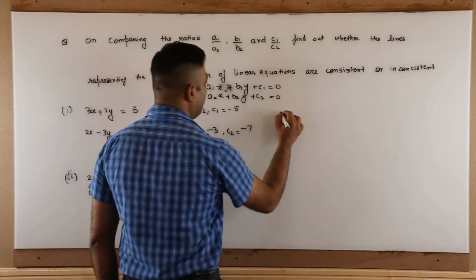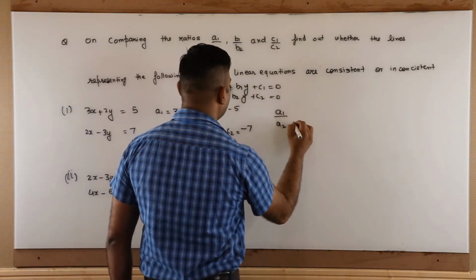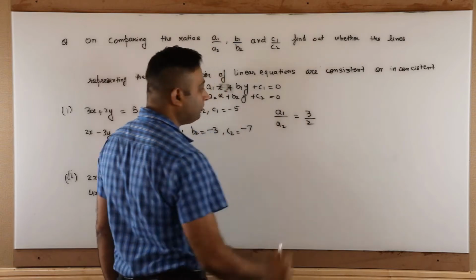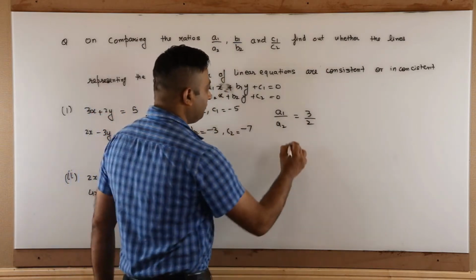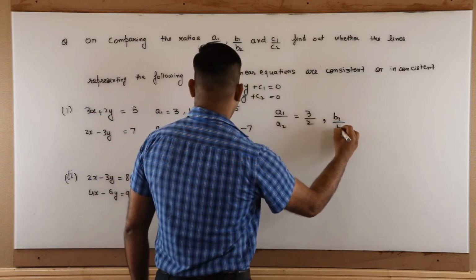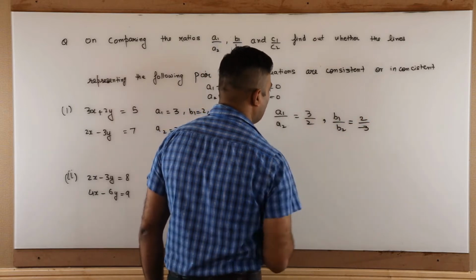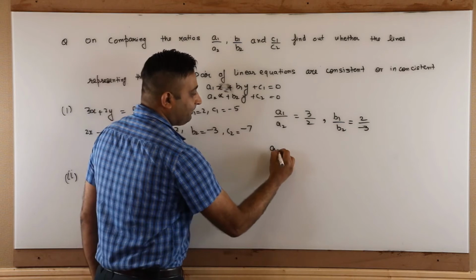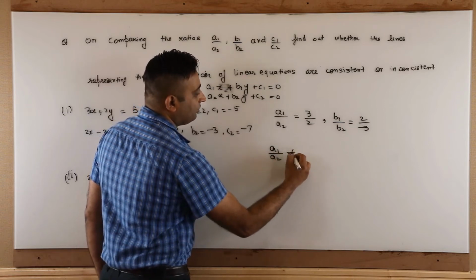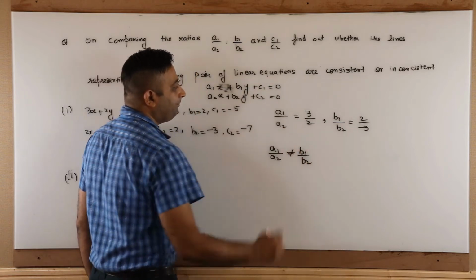So after comparing the ratios, A1 by A2 can be seen as 3 by 2, B1 by B2 is equal to 2 by -3, that is -2 by 3. We can easily see that A1 by A2 is not equal to B1 by B2.